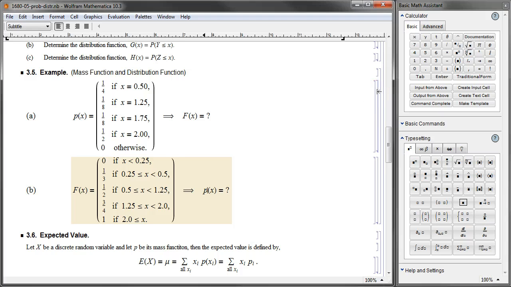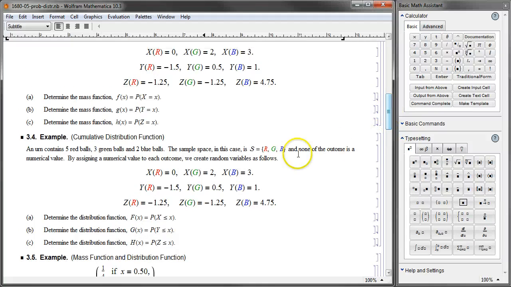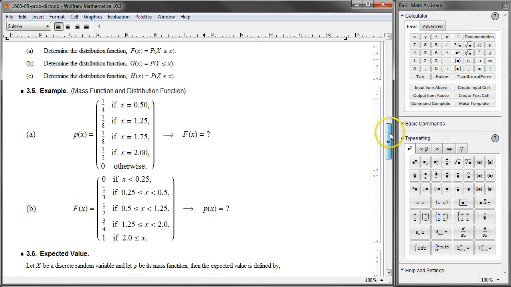Well, easy one first. When the mass function is given, this time there's no way we can go back to the original sample space and so on. So we're not going to do any color coding or anything like that. Just look at the mass function. X can take 0.5, 1.25, 1.75, and 2.0.